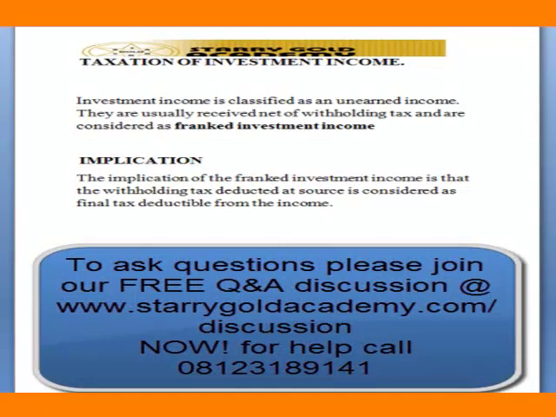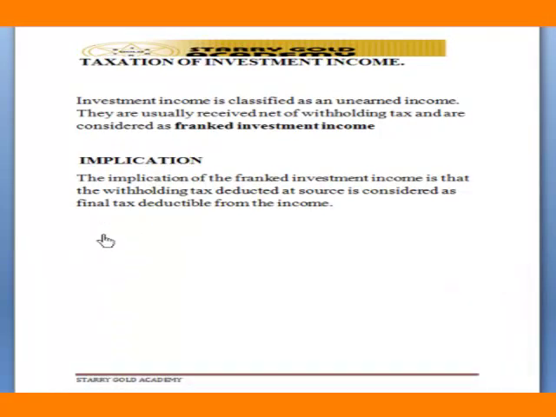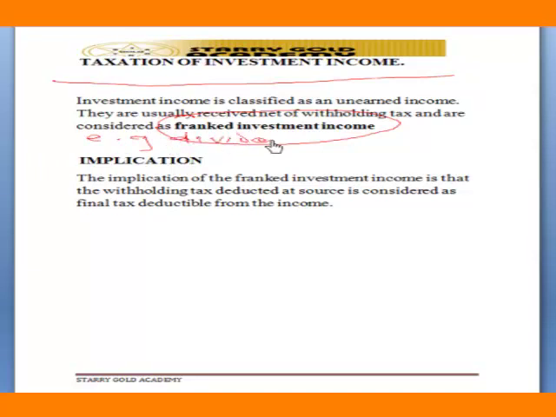Let's look at taxation of investment income. Here we are looking at some income that we regard as franked investment income. Franked investment income is income that has suffered tax at source. An example of franked investment income is usually your dividend.